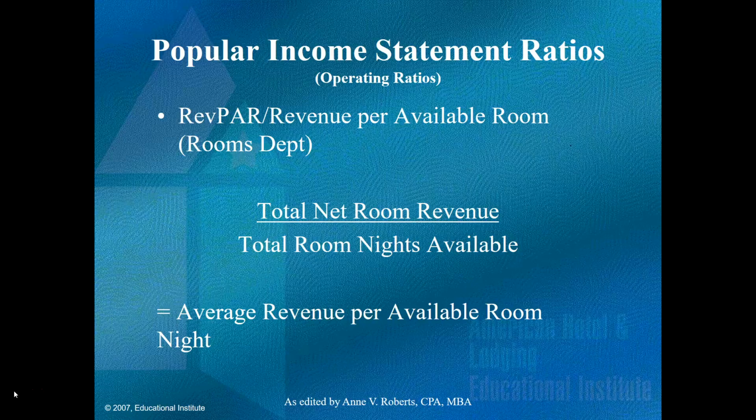What we're trying to determine at this point is how much total revenue we are bringing in per room available. So this RevPAR is always going to be lower than our average room rate, because our divisor on average room rate is room nights occupied.